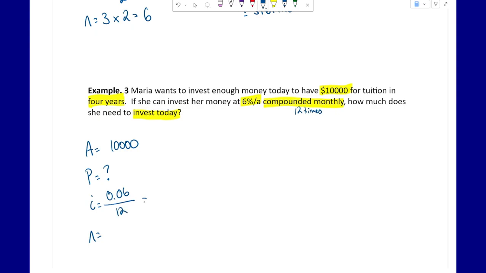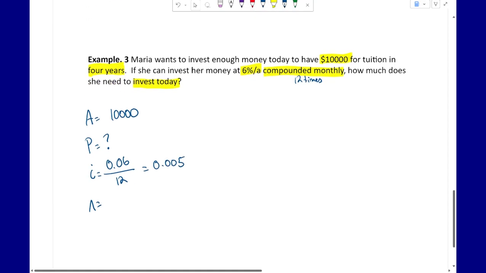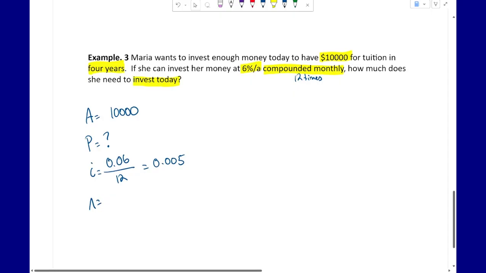So 6% or 0.06 divided by 12, we get 0.005 for our I value. For our N, it is 4 years times 12 times a year, we get 48 compounding periods.